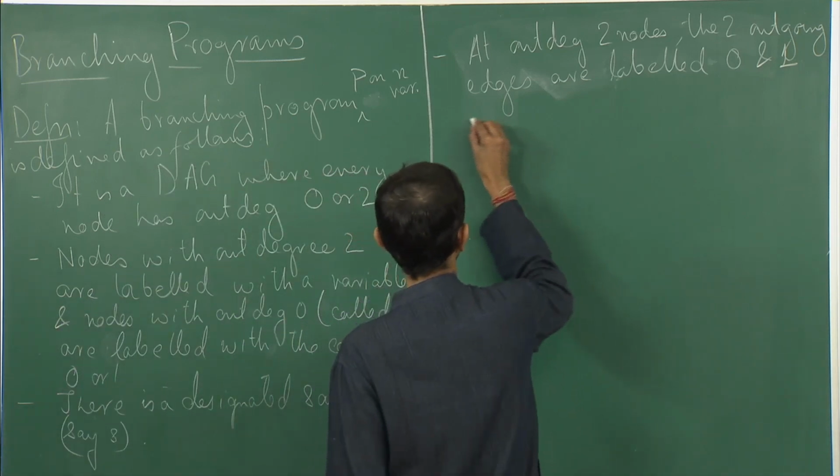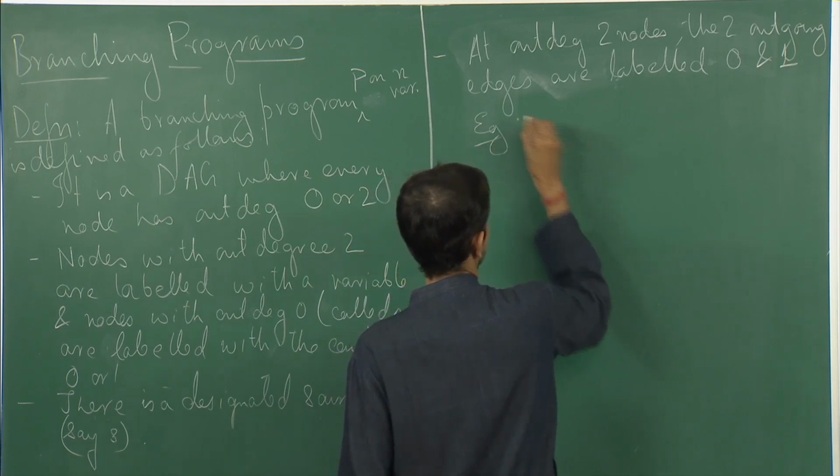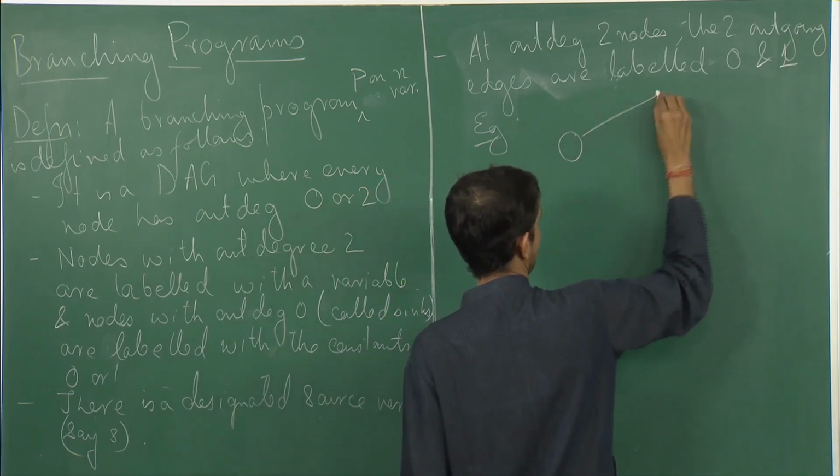For example, we can have a branching program that looks like this.